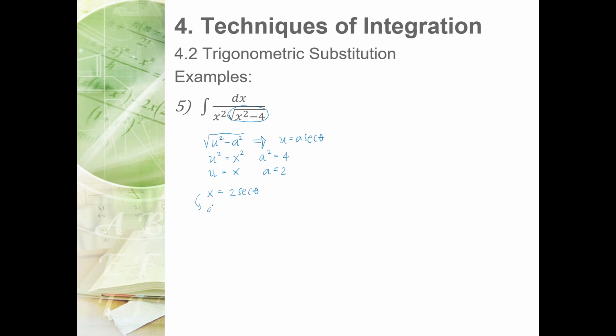So getting the derivative dx, this gives us 2 secant theta tangent theta d theta. Okay, then again utilize the formula by isolating the trigonometric function. Secant theta is equal to x over 2.